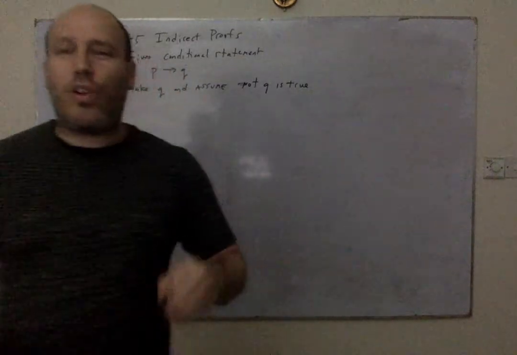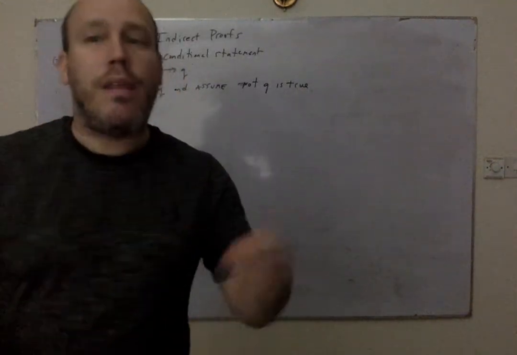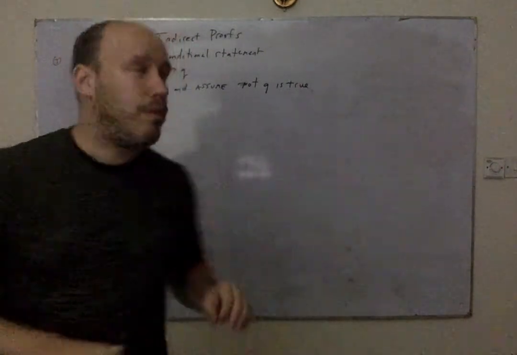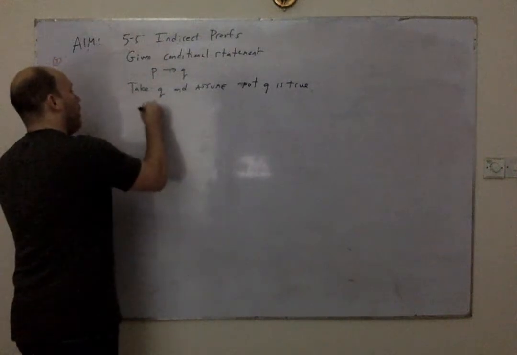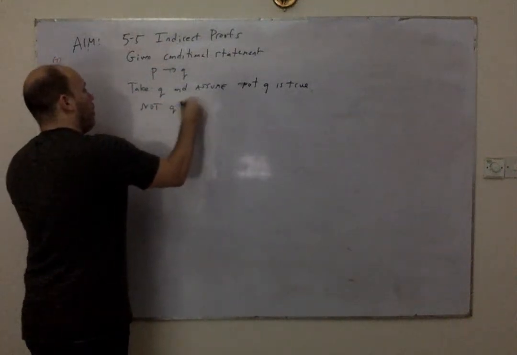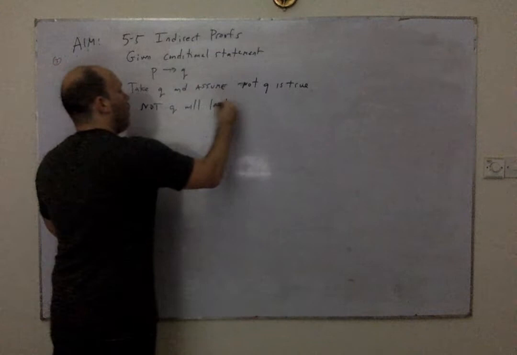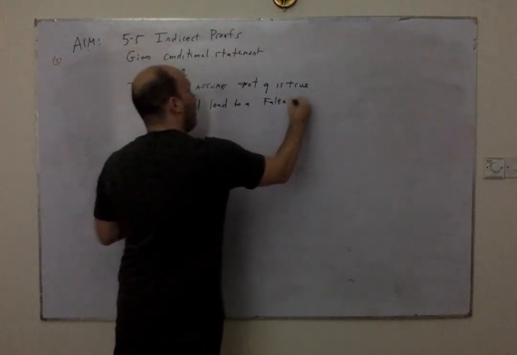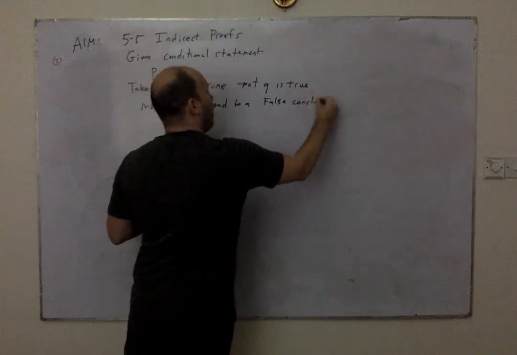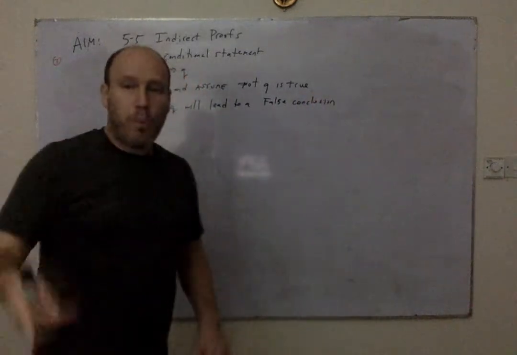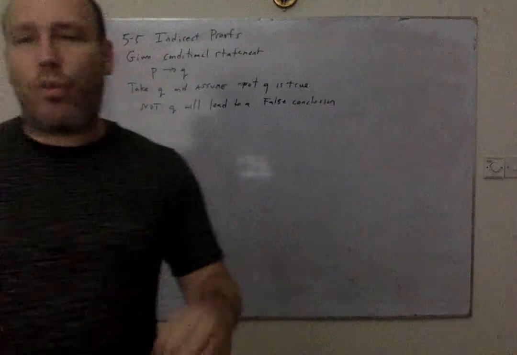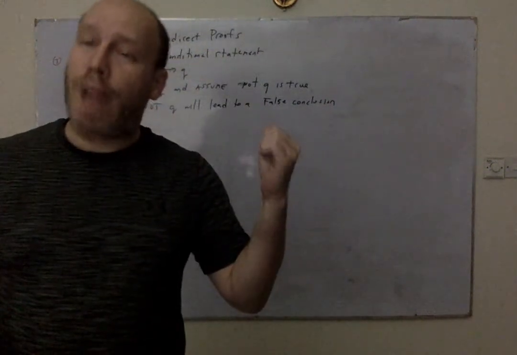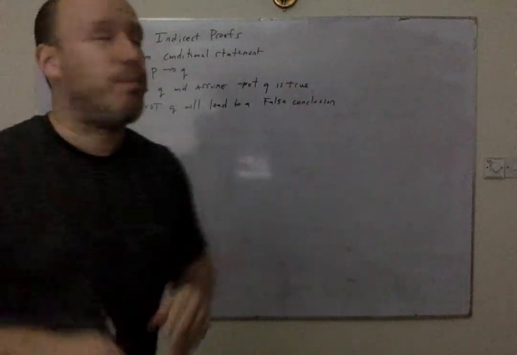Then you're going to use that negative statement, the not Q, to arrive at a false conclusion. At this point, you can conclude that your assumption was false and that the actual statement was true.